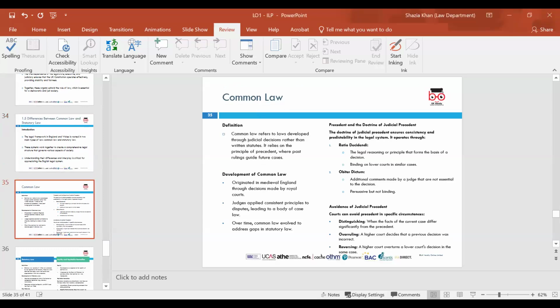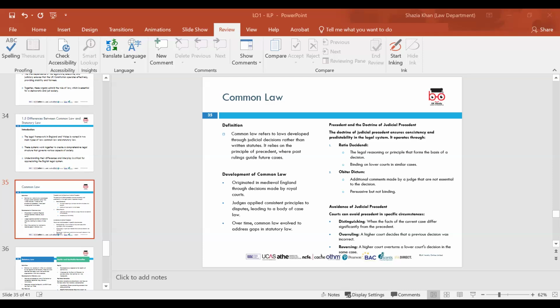So the definition of common law. Common law refers to the laws developed through judicial precedent. It developed over history, a long, long time ago, and it's a body of unwritten rules based on legal precedents.